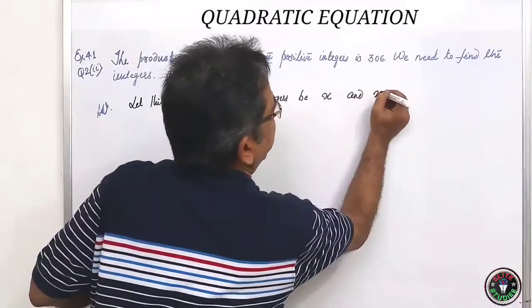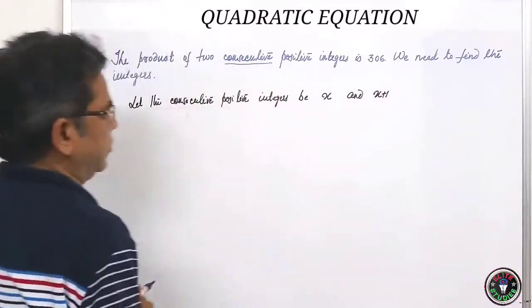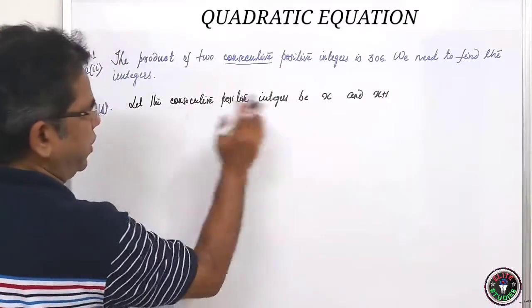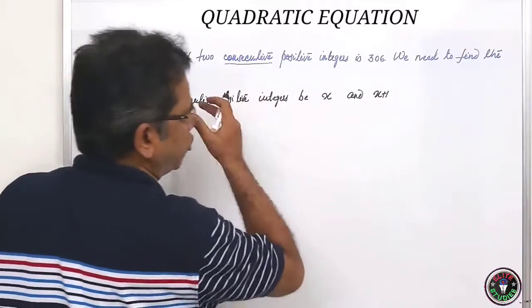So it's better to consider x plus 1. So we have considered these two positive integers, x and x plus 1.